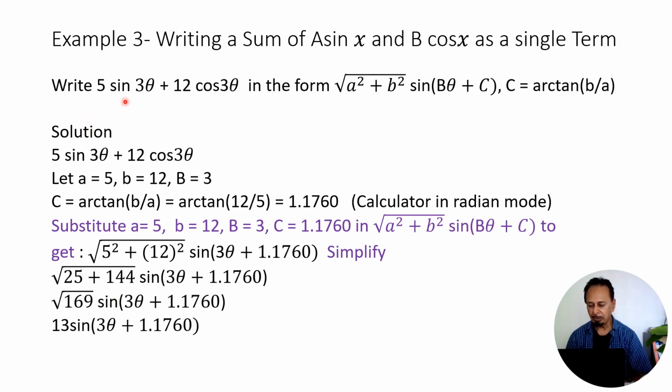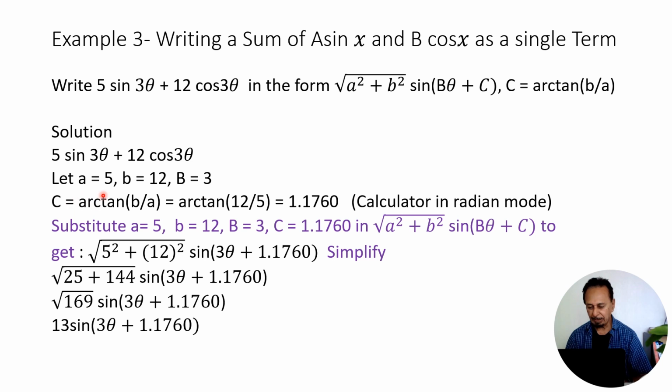So here is example 3. Write 5 sine 3 theta plus 12 cosine 3 theta in the form square root of a square plus b square times sine b theta plus c, where c equals arctangent b over a. We are given 5 sine 3 theta plus 12 cosine 3 theta.